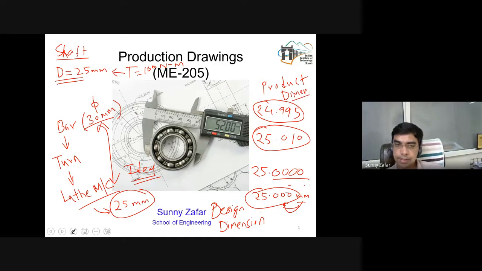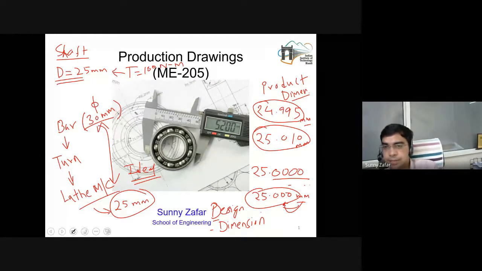Now what is the catch here? The catch is that we are deviating from the design dimension, that is, from 25.00000 millimeters, and the deviation here is 0.01 or, say, minus 0.005. This deviation can be tolerated to a certain extent, beyond which it cannot be tolerated.